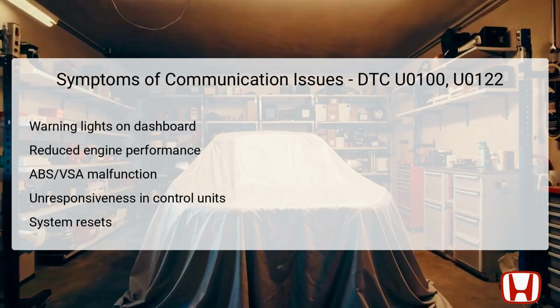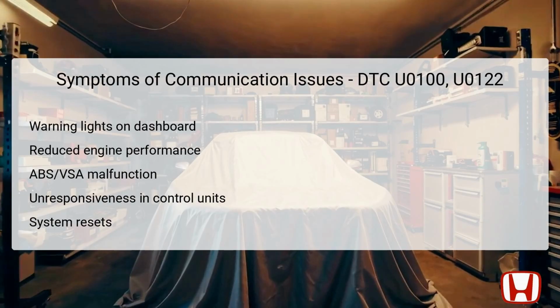Symptoms associated with DTC U0100 and U0122 may include warning lights appearing on the dashboard, indicating potential malfunctions. You may notice reduced engine performance, as the PCM's inability to communicate could hinder engine efficiency. The ABS VSA system might also malfunction, affecting vehicle stability and safety.